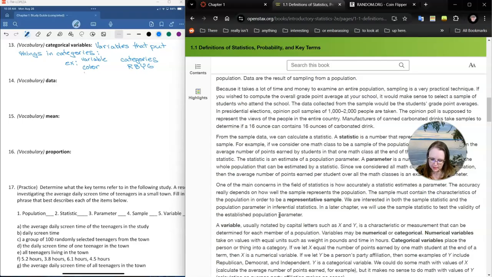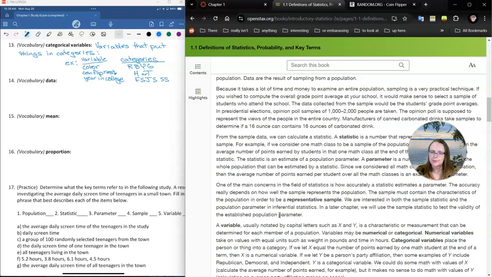Variable is the coin flip result, and the categories are heads or tails. The variable could be year in college, and the categories are freshman, sophomore, junior, senior, super senior.